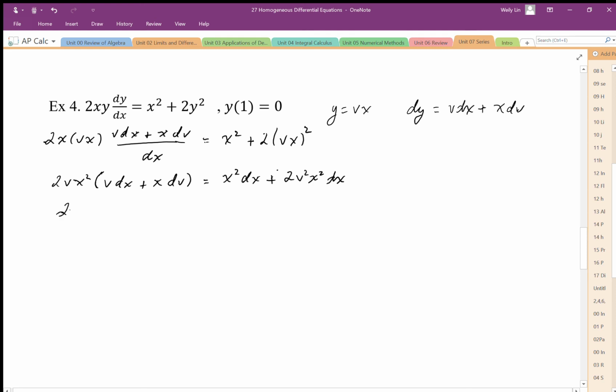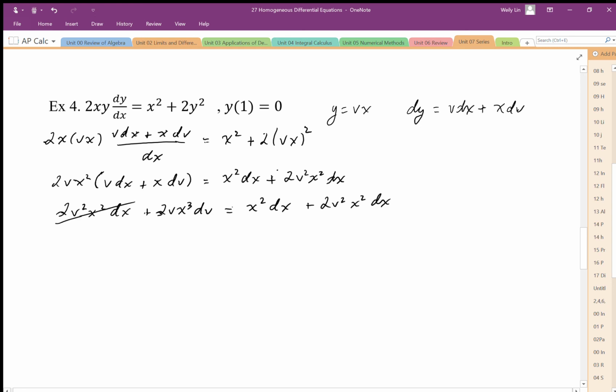So 2v squared x squared dx plus 2v x cubed dv is equal to x squared dx plus 2v squared x squared dx.